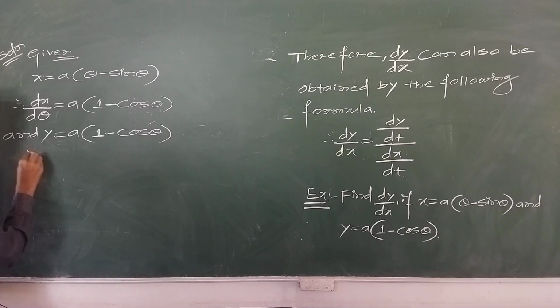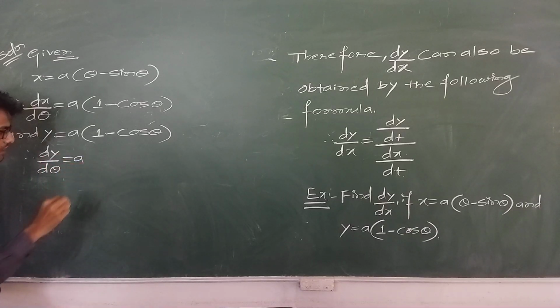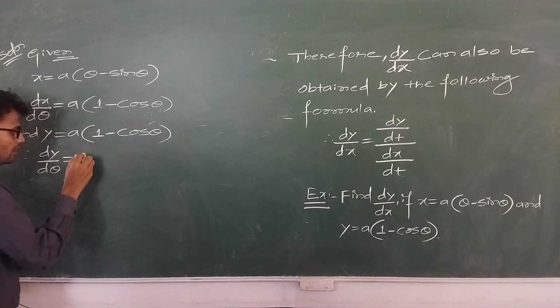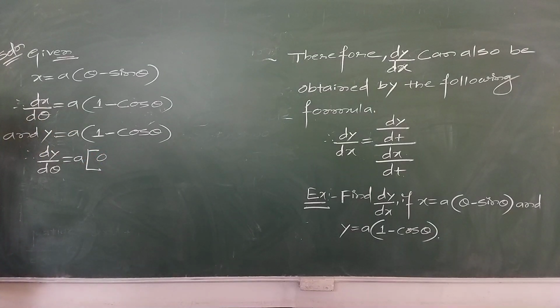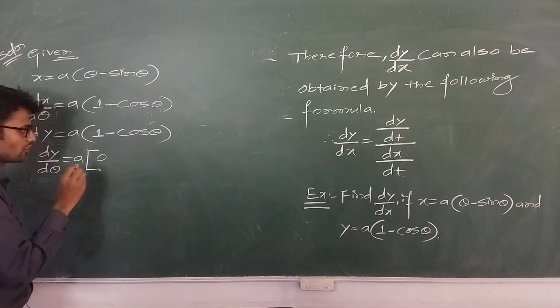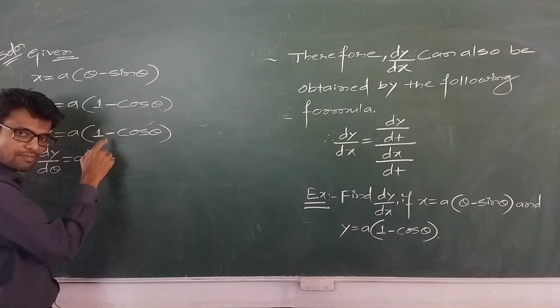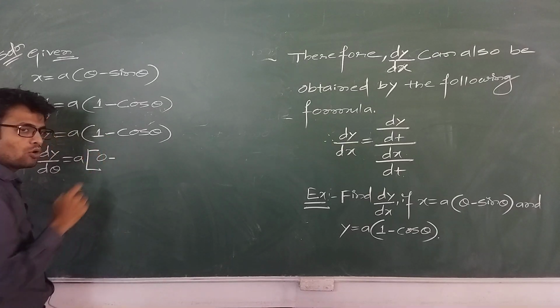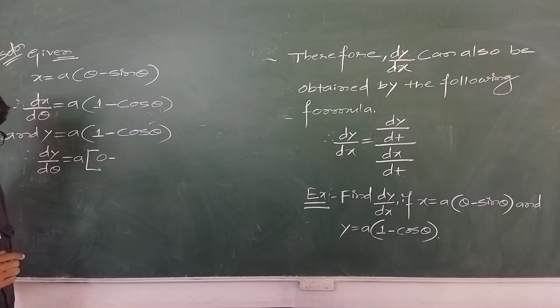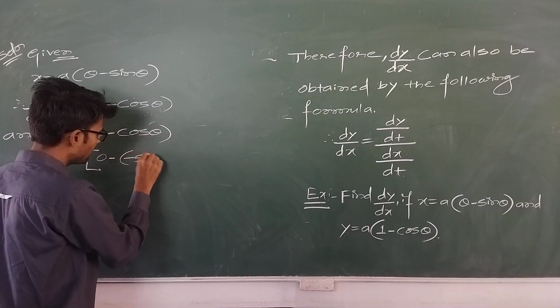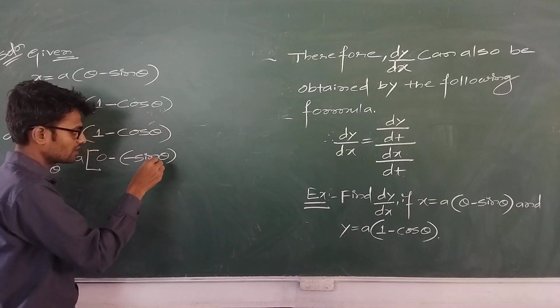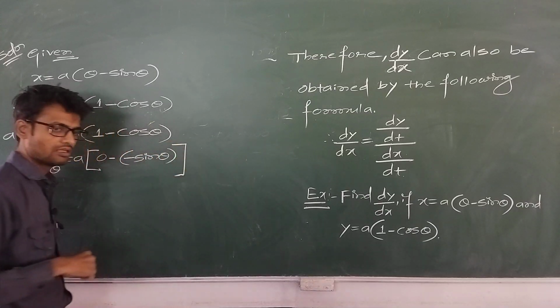So, therefore, I will write dy by d theta is equal to a, differential of 1 with respect to theta is 0, because 1 is constant, its derivative is 0, minus, you write as it is. You already know derivative of cos theta with respect to theta is minus sin theta, and after that we are having derivative of theta with respect to theta, its value is 1.